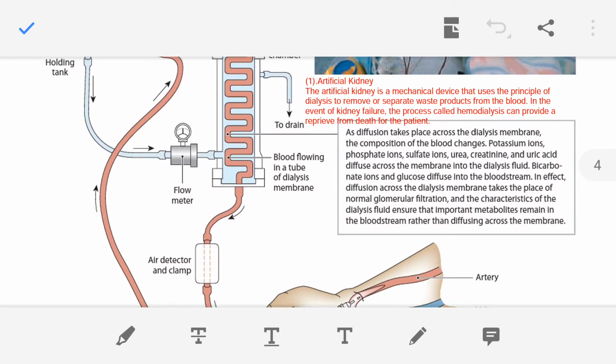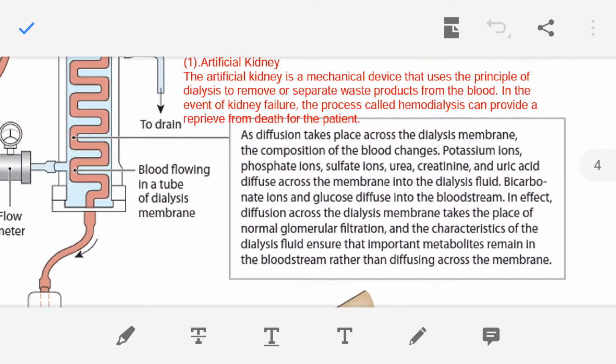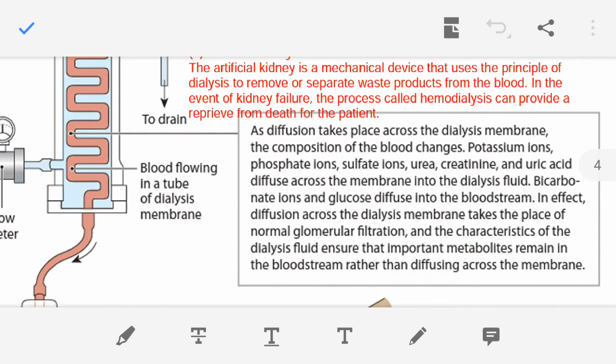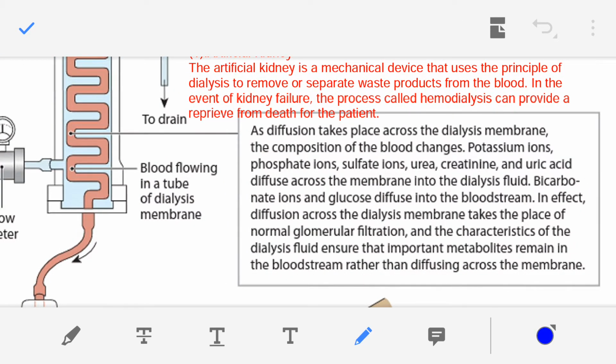Now this is also an important thing that we need to remember. Diffusion is taking place across the dialysis membrane. The wall of the dialysis tube is acting as a dialysis membrane.